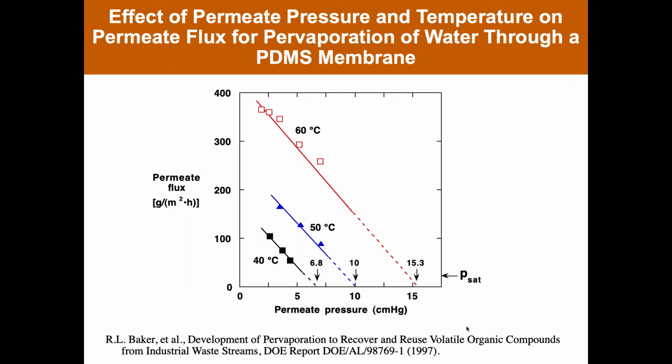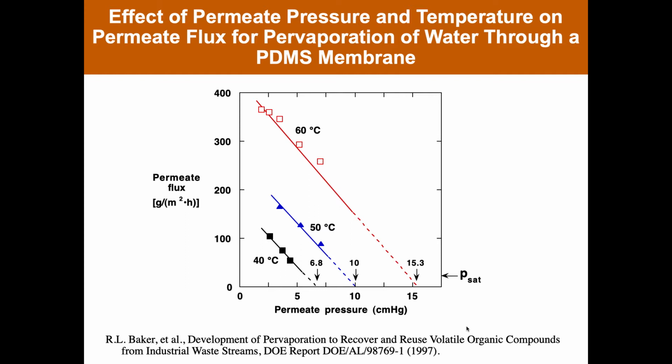Now I want to tie this back just briefly to some of the discussion we've had with the transport of liquids through membranes and transport of gases through membranes, and we'll start with experimental data showing this is just pervaporation of water through a silicone rubber membrane. So there's no separation going on here. This is just to make a point about how the transport mechanism works.